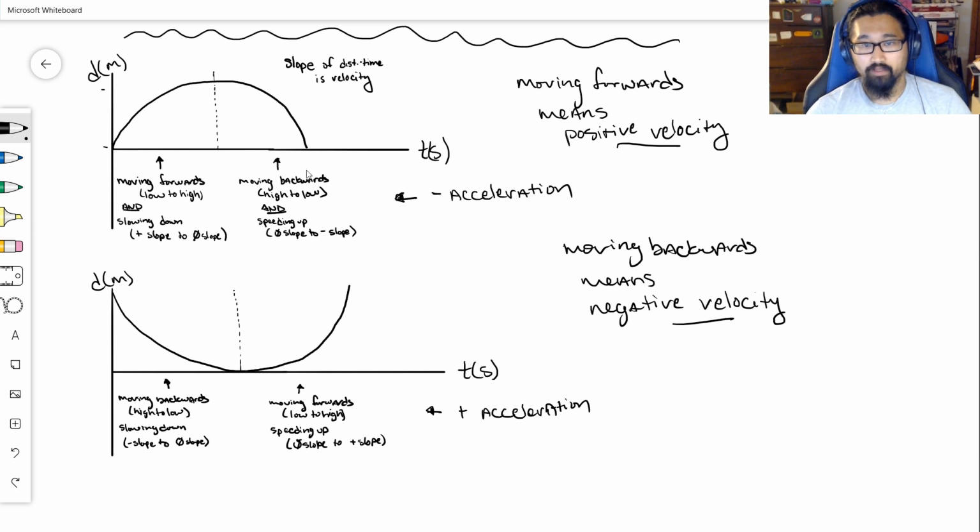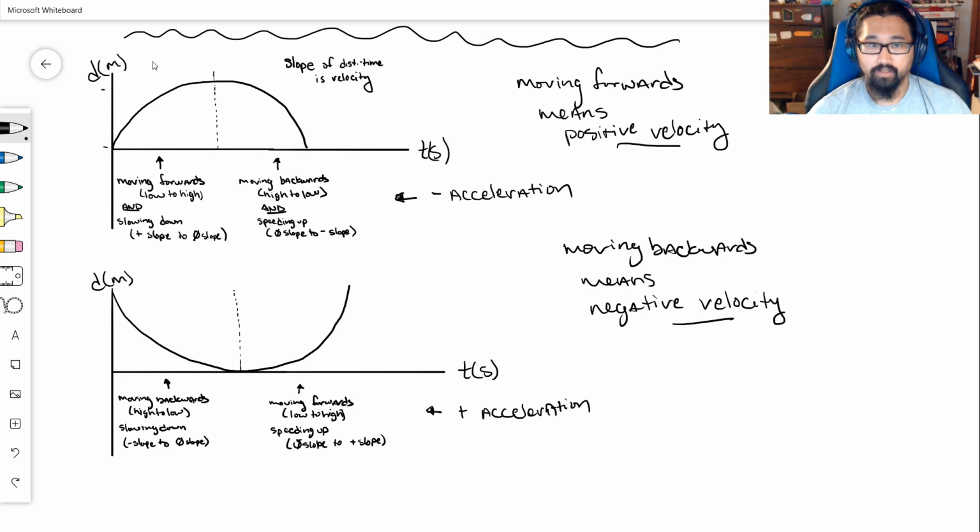Then when we were moving backwards and there was a negative acceleration, something is pulling us backwards, we start to speed up. The opposite thing happens here. We're moving backwards, but there's a positive acceleration. So we're going backwards, something's trying to pull us forwards. We're slowing down. Once we start physically moving forwards and something is trying to pull us forwards, we're speeding up.